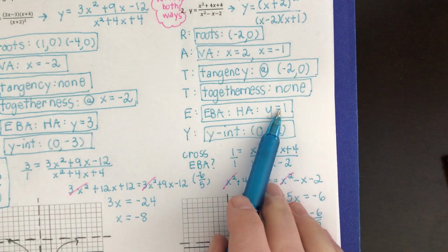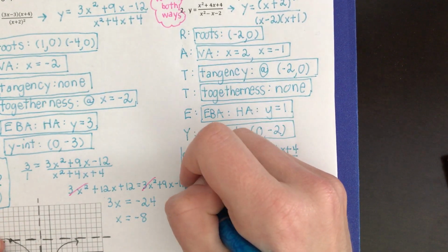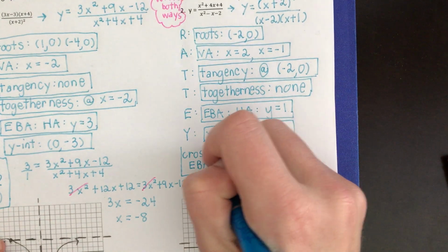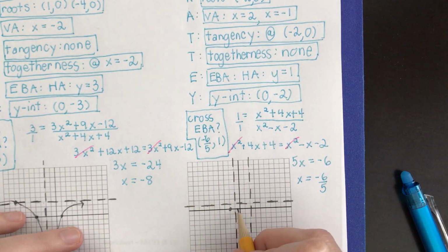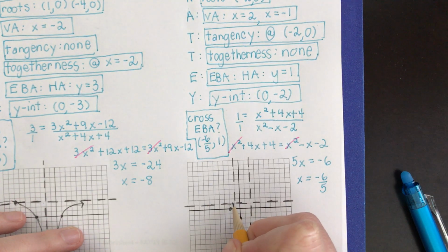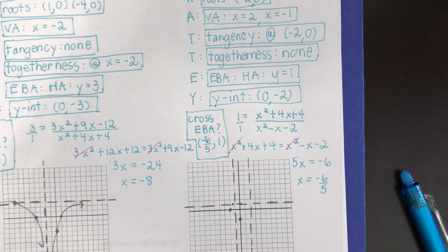-6/5 is my x value. If I plug that into my EBA, which there's no x to plug in, I just know my y value is going to be 1. So -6/5 is a little bit more than -1. So I'm going to go a little bit past -1, and then right there is where I'm going to cross. So I don't have togetherness.